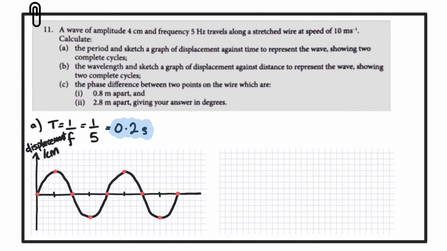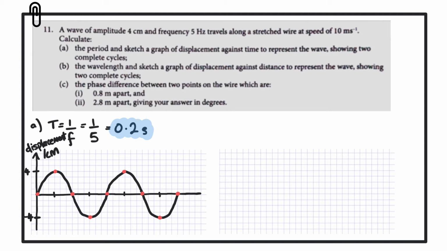What we can tell from the question is that the amplitude of this wave is 4 centimeters. So I'm going to mark out where the crest of our wave is and put 4 on the axis here. That also means that the amplitude below the rest position is also 4. So I'm going to mark out that point and I'm going to label that as -4, minus indicating that it's in the opposite direction.